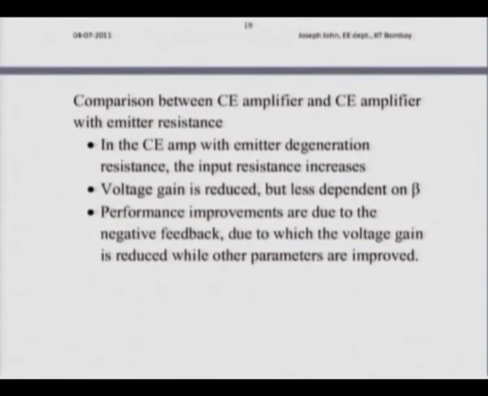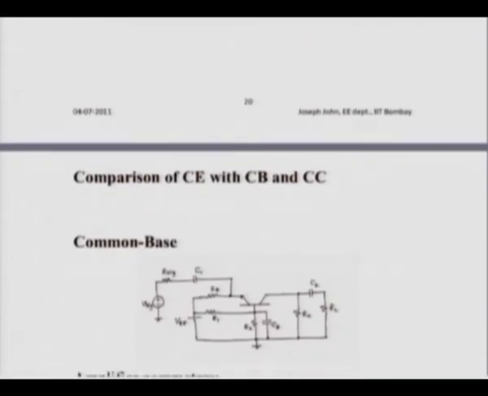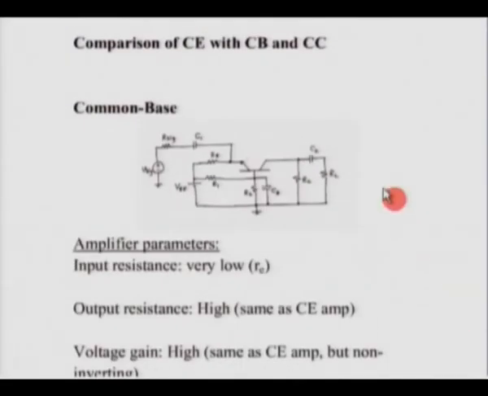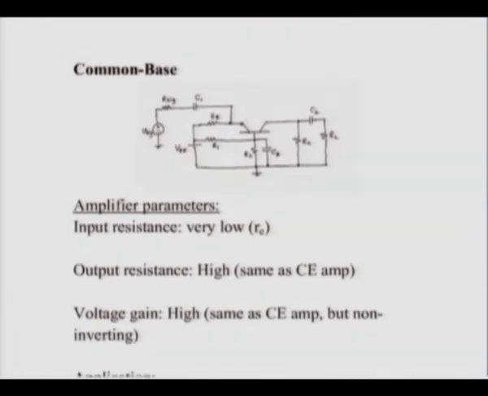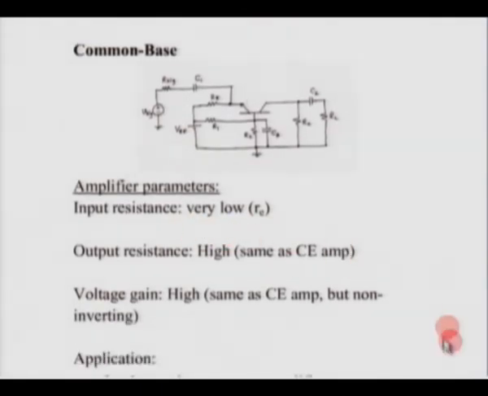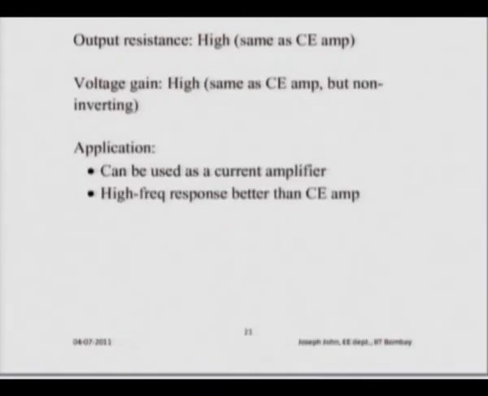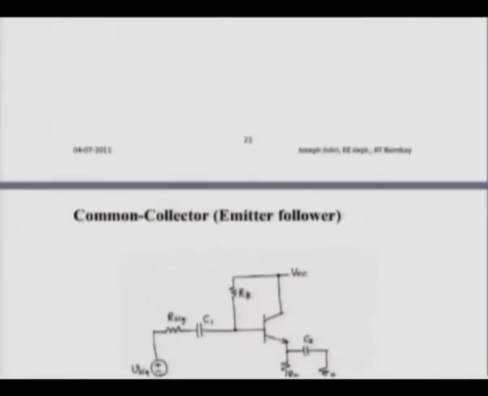Then we compared the common emitter amplifiers with the common base and common collector. We said common base is a good candidate as a current amplifier, and it also has a very good high frequency response. It has a very low input resistance, therefore it cannot be used as a voltage amplifier.